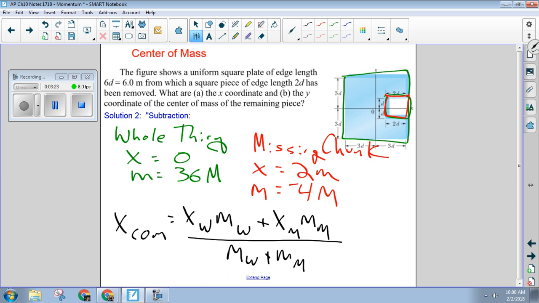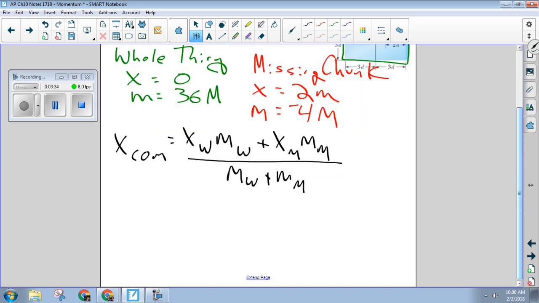So I'm still just using that same equation. The only difference is we've got a negative mass, right? All right, so let's see what we get.